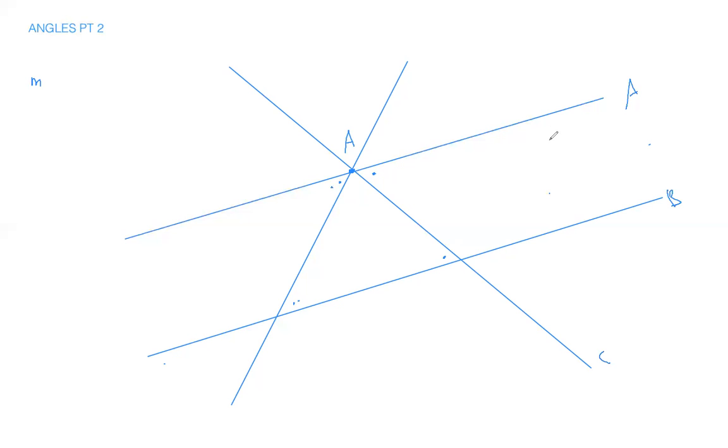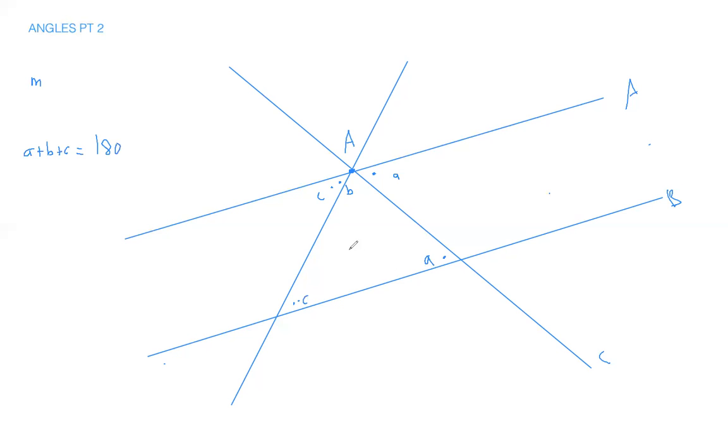Now, one important thing to note here is that these 3 angles, which we'll name A, B, C, add up to 180 degrees. Why? Because they form a straight angle, which is equal to 180 degrees. Now, if this angle is C, and this is congruent to C, then this is also C. Similarly, this would also be A.